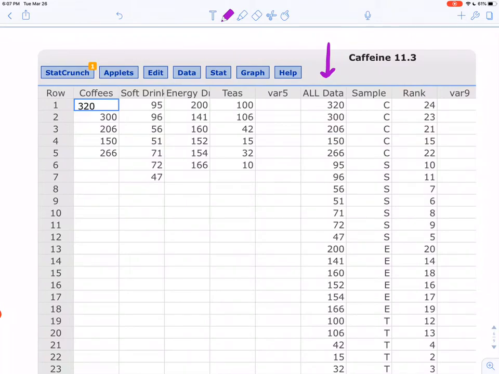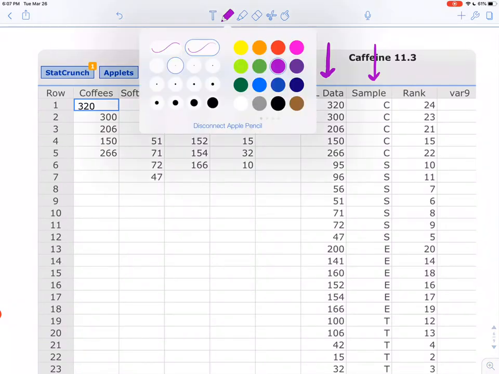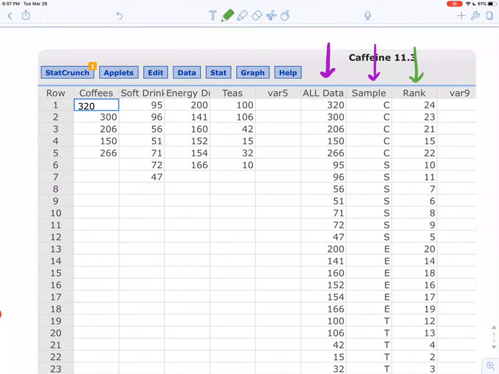And then, just so I could keep track of it for myself, I did a second column where I denoted C was all the coffees, S was the soft drinks, E was the energy drinks, and T was, of course, the teas. Now, I went in and I had StatCrunch come up with the ranks, because this is what I'm going to need right here to calculate my test statistic.